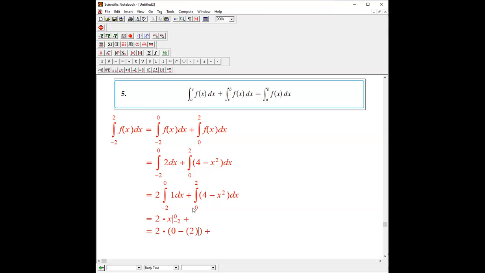It must be minus -2, okay? Because it's capital F of B minus capital F of A. So just be reminded, it's the antiderivative evaluated at B minus the antiderivative evaluated at A. That's why it's 0 minus -2.